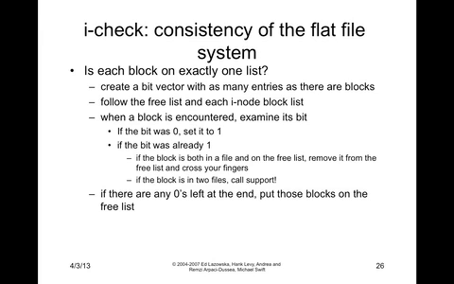If we fail here, assuming we run iCheck right after this point, what error will we see? Right, we will see that this block that we've added to the inode is still on the free list. And so we would repair it by taking it off of the free list and leaving it in the file.